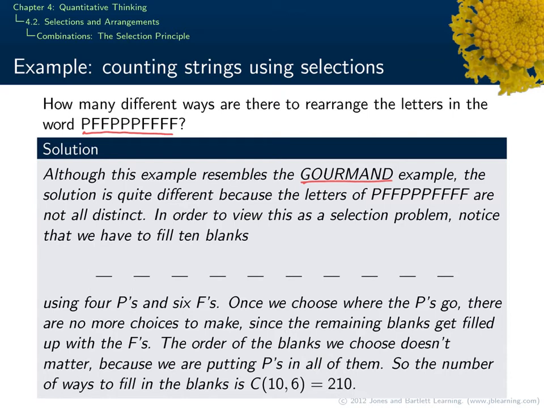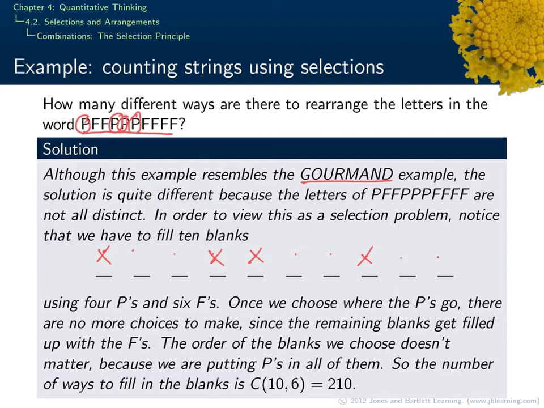Here we have a ton of repeats, and the thing to observe is that once the P's are placed, right? So once we place all the P's in these 10 slots, then the F's have to go in the remaining slots. And so essentially all we have to do is choose or select 4 slots to put the P's in.